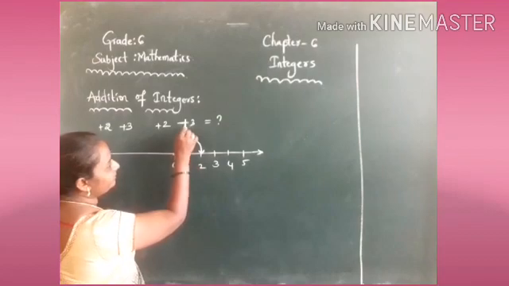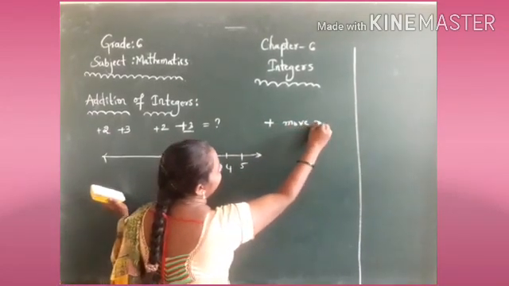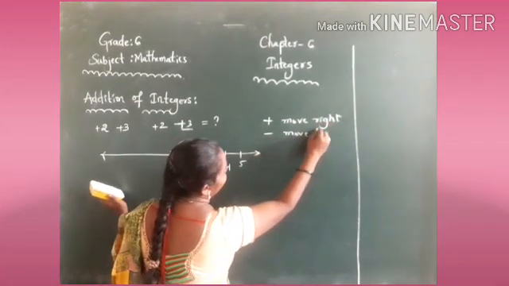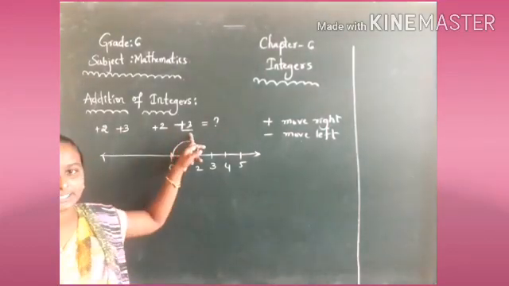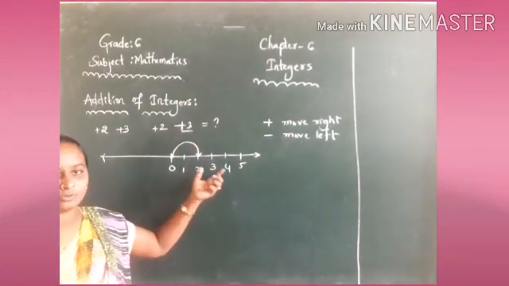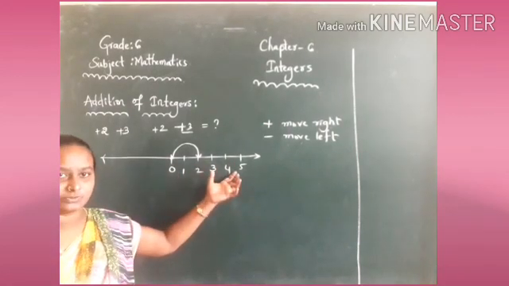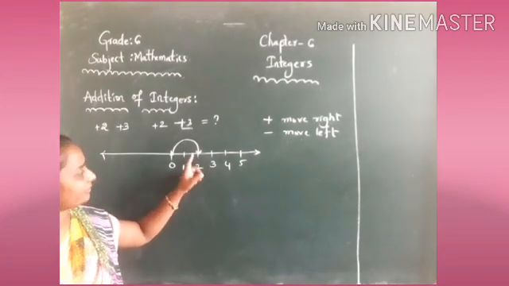Now you have to move. If plus is there, move to the right side. If minus is there, move to the left side. Remember, here plus 3 means you have to move 3 steps. But here we are at 2, so you have to move 3 moves from 2.